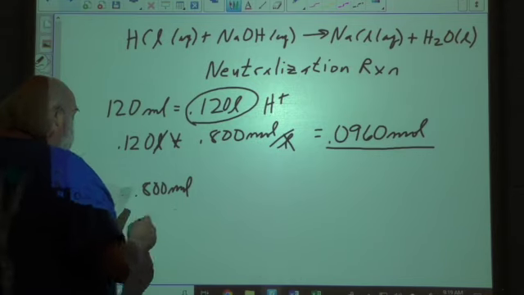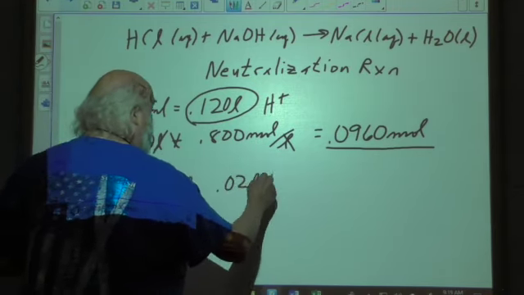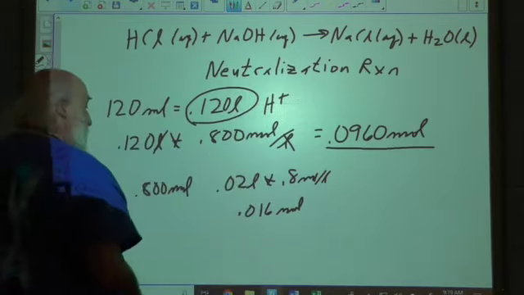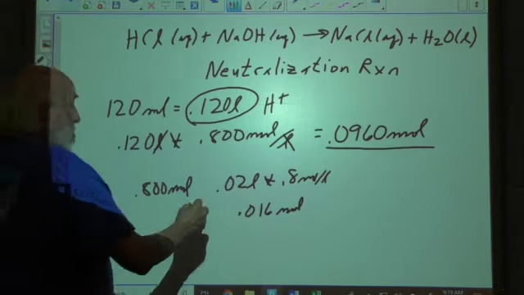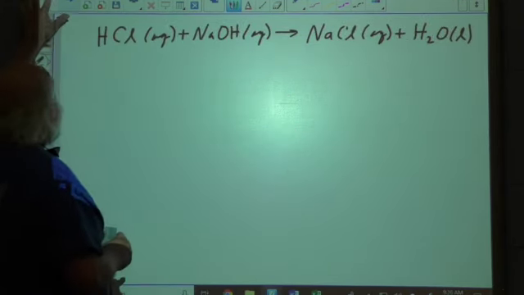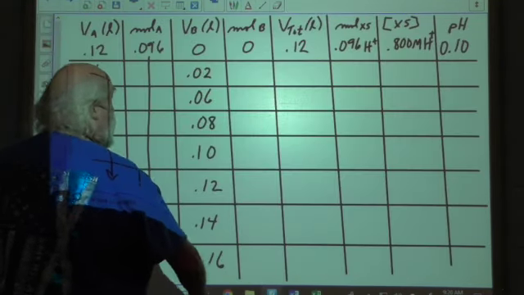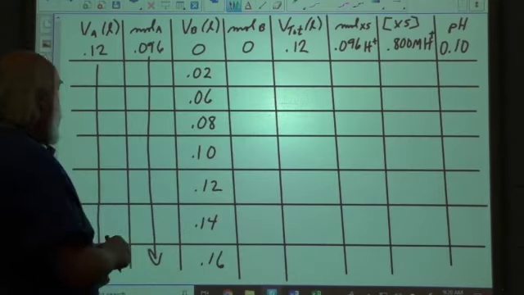So we have 0.02 liters times 0.8 moles per liter. And that's going to give us 0.016 moles of my sodium hydroxide. So I have 0.02 liters and 0.016 moles I'm going to put into this chart. And I'm going to use red from now on to show that's different from all the other stuff that we've done here. So for the volume base, I already had put down 0.02 for this.